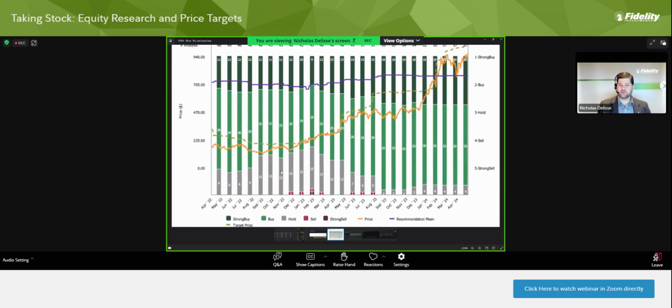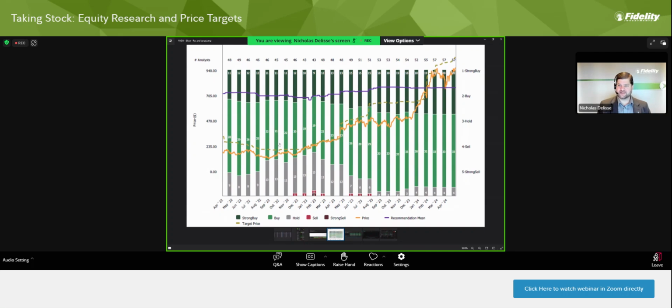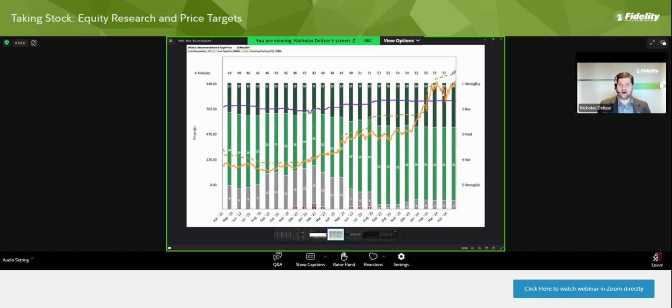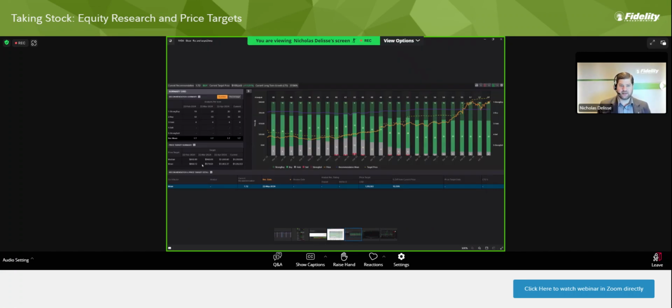Same chart, just zoomed in a little bit more. Again, you can see price and target price on that. And this kind of breaks down some of those recommendations that we're seeing, based on that IBES data that is on Fidelity.com.